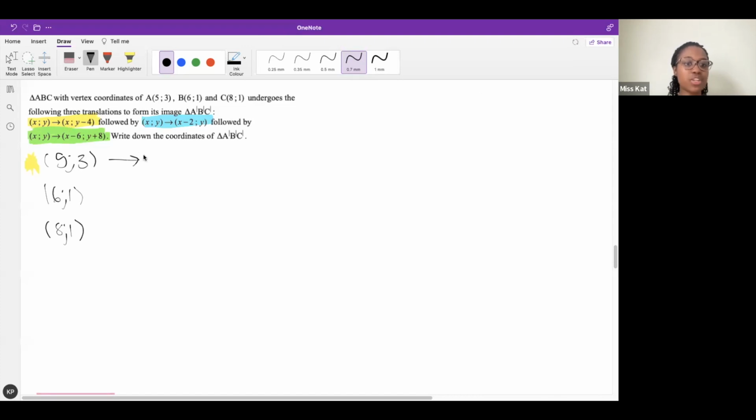Yes. So we don't change our X, right? It just says repeat the X. So it's going to be 5, and then you're going to have 3 minus 4, which is -1. Wonderful. Next coordinate. We're going from 6, 1, and we're using the yellow.